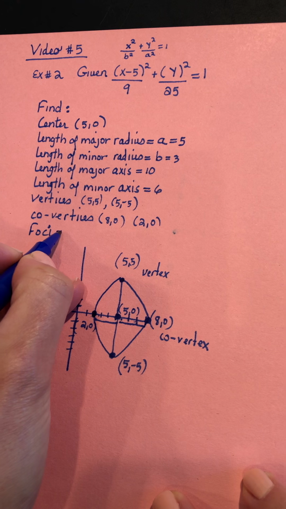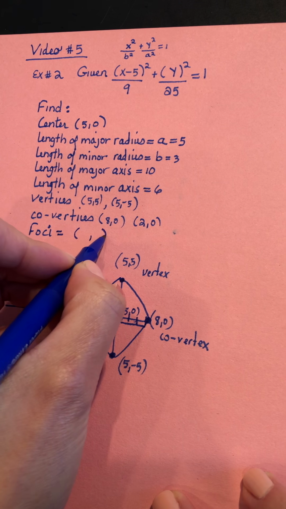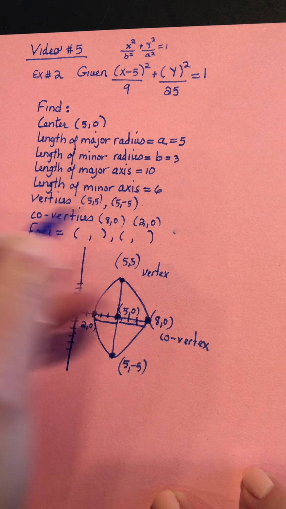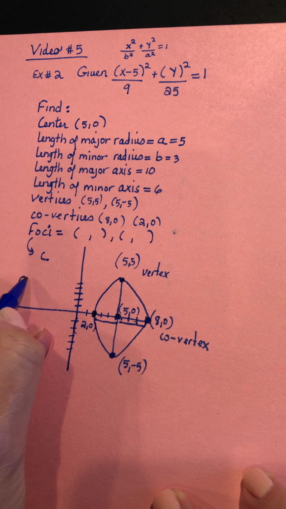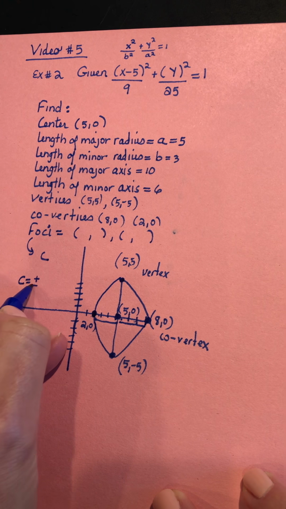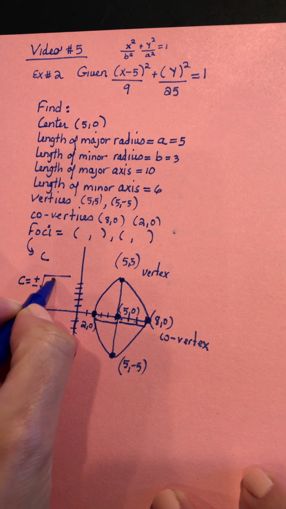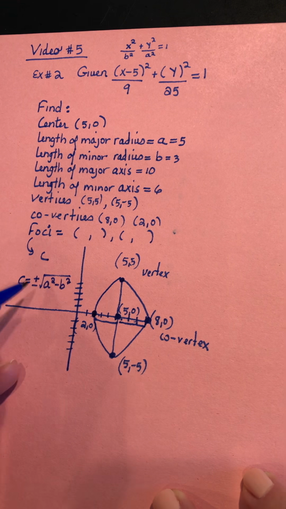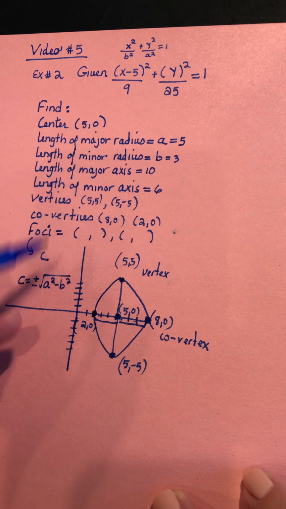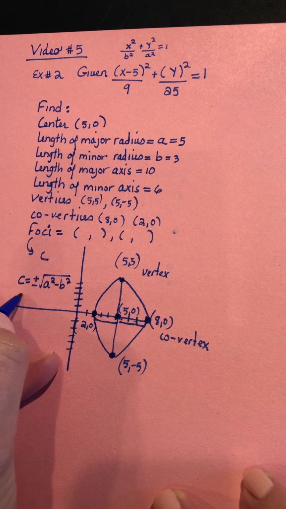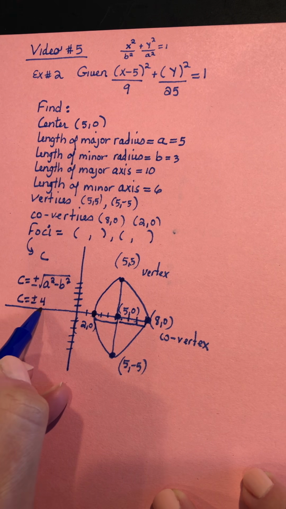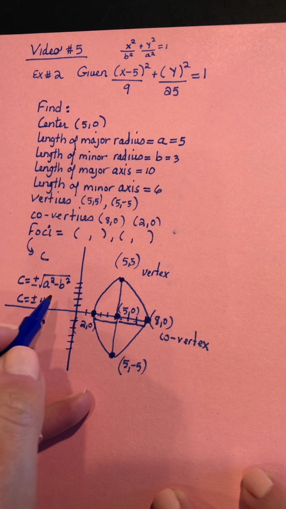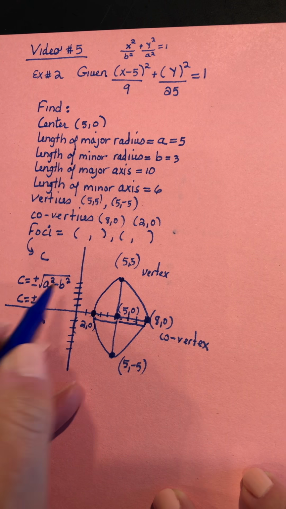Finally, I need to find the foci. These are points that are on the major axis given by the point c, and we recall that c is equal to plus or minus the square root of a squared minus b squared. a squared is 25, b squared is 9, so c is equal to plus or minus 4. Now, what I need to do with that is go from the center of the ellipse.